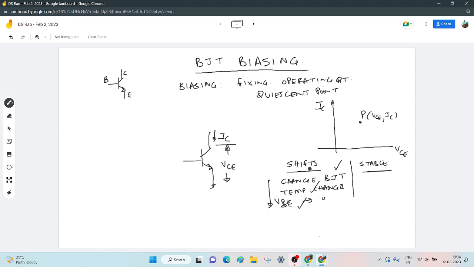We want to fix the operating point and we want it to be stable. Two objectives are there. Please remember, there are different methods to fix the operating point, and these methods are listed in an order.